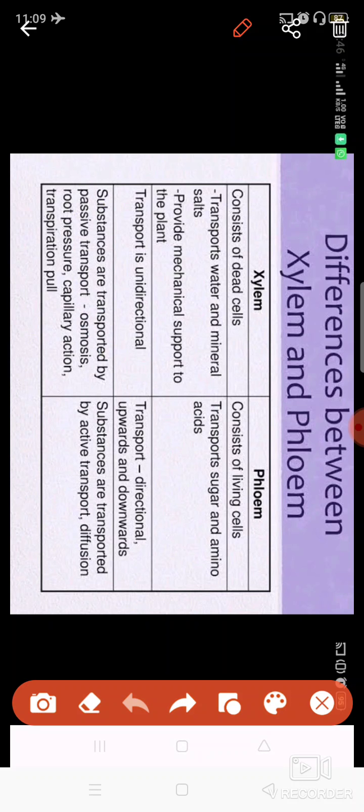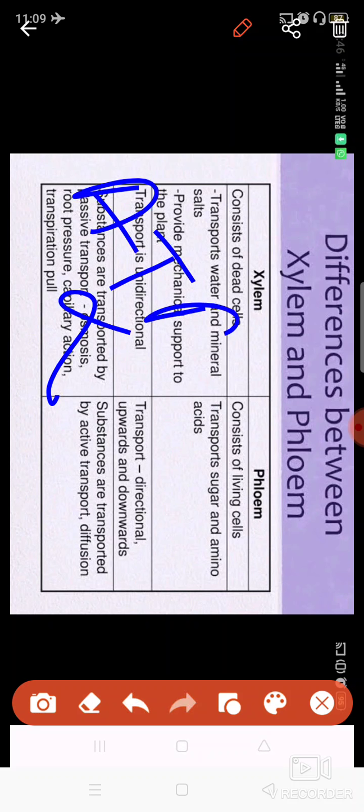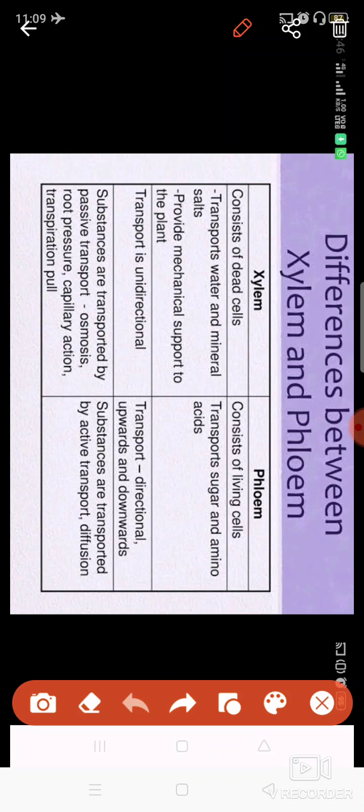In xylem, the transportation carried out is a kind of passive transport. There are two types of transport systems in plants, passive and active. In passive transport, no energy is used, meaning no ATP, which is the energy currency. But if it is an active transport, then energy is utilized, it is not done without the use of ATP.